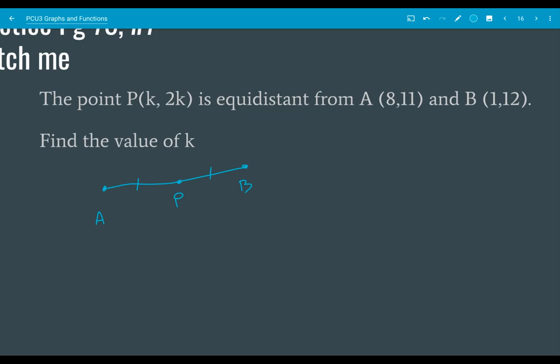My recommendation to you is when you're drawing sketches to help you understand a problem, don't draw them in a way that makes the problem easier. Because if you draw this, you're inclined to say, okay, P's the midpoint, so I can just do the midpoint formula.